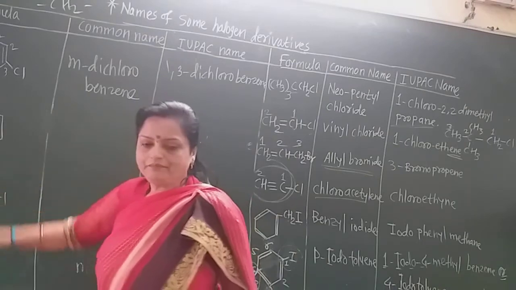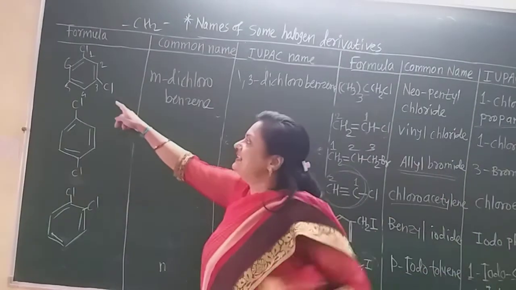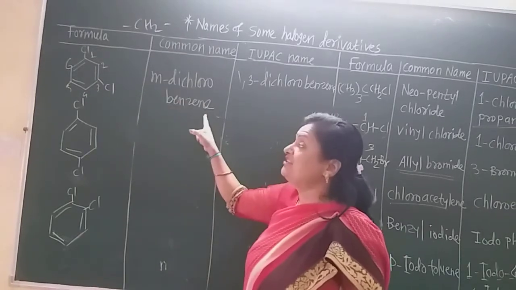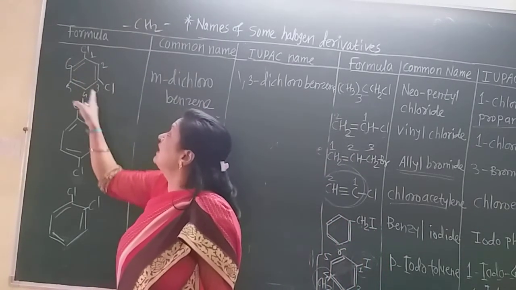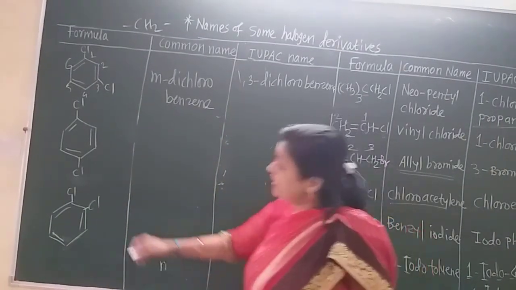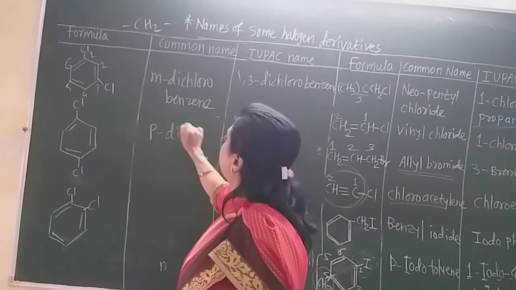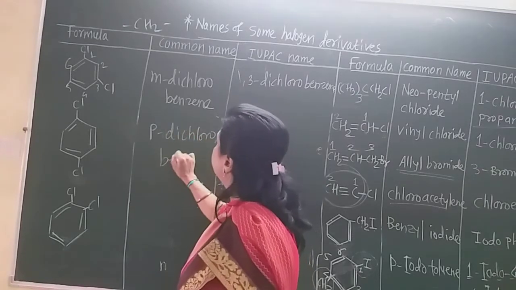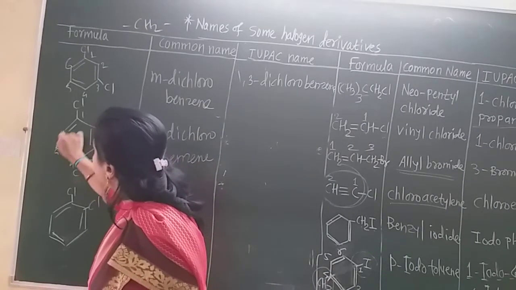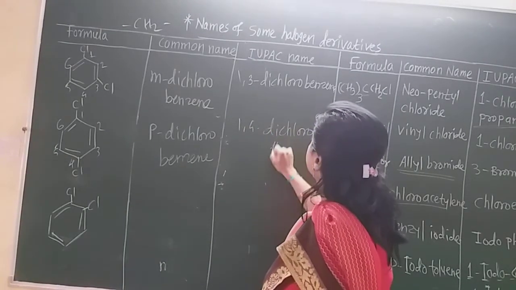As these chlorines are at meta position with each other, it is meta-dichlorobenzene. But on giving the numbering, on the third and first position there is chlorine, so 1,3-dichlorobenzene. Now here on the para position, 180 degrees, it is para-dichlorobenzene. Remember that. And by giving the numbering it is 1,4-dichlorobenzene. And this is the simplest.